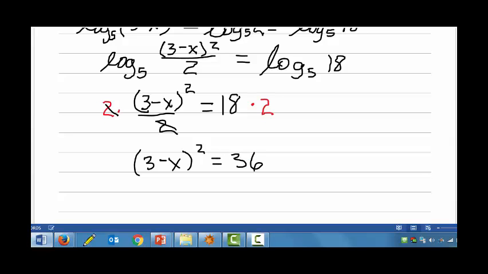So the square root property tells me that I can lose this exponent of 2 on the 3 minus x if I apply plus or minus square root to whatever is on the right. So I now on the left simply have 3 minus x. On the right I have plus or minus square root of 36. So 3 minus x is plus or minus 6.